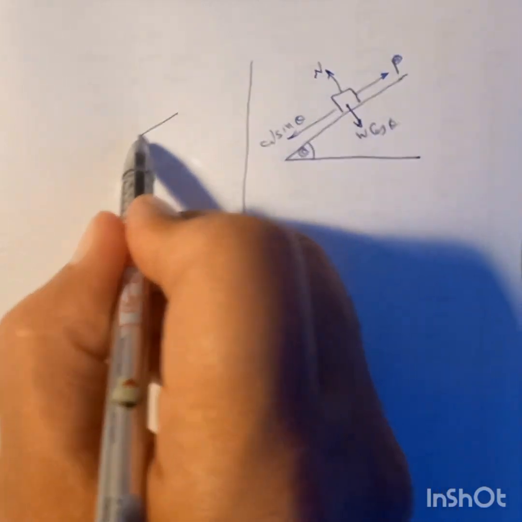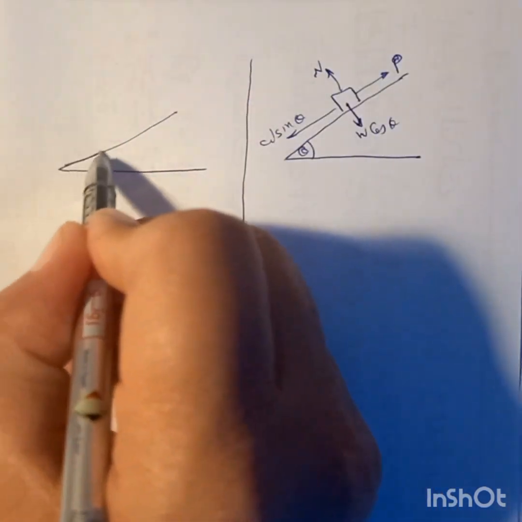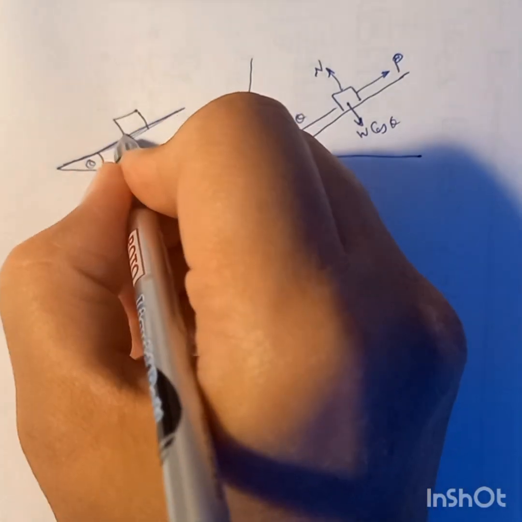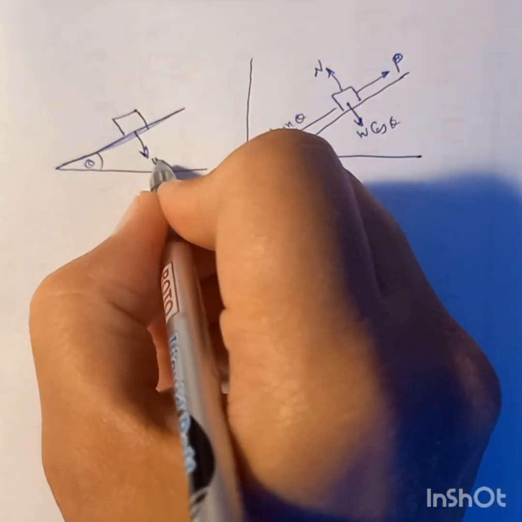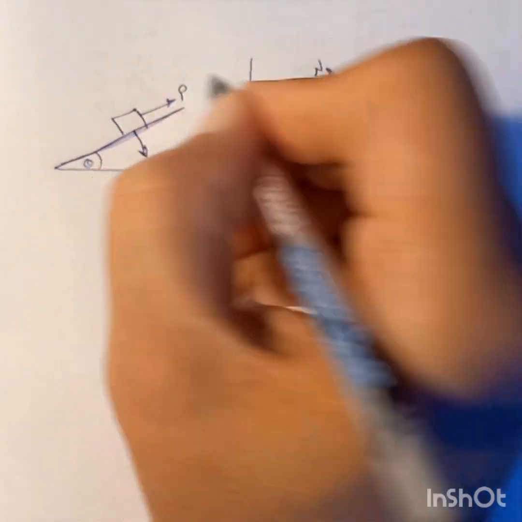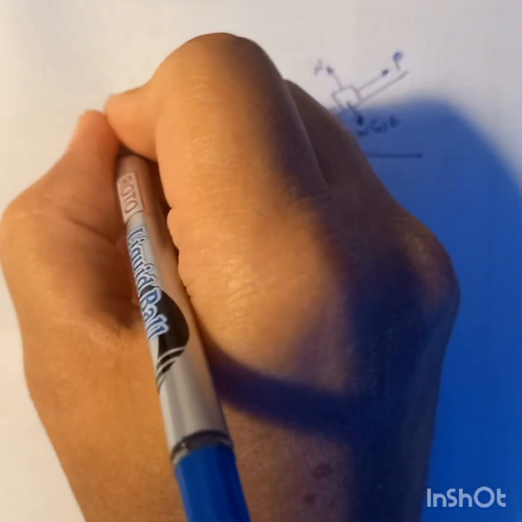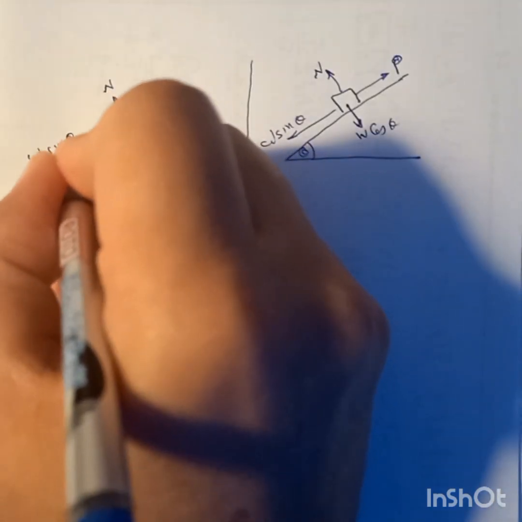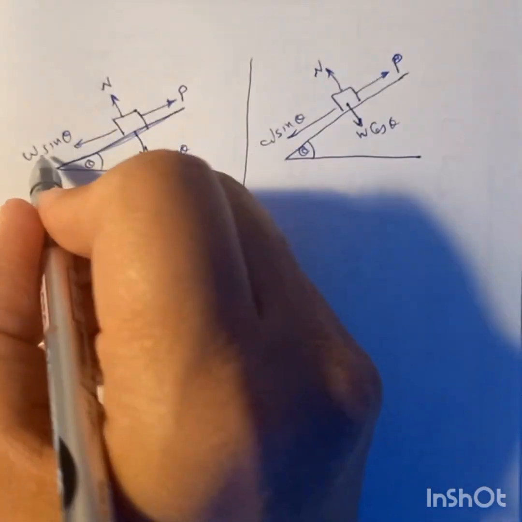Also we have the same situation here like this. Here we have theta, this body, and this component of its weight W cosine theta, and the same acting force P. Here we have N, and also W sine theta, the component of the weight in this direction.